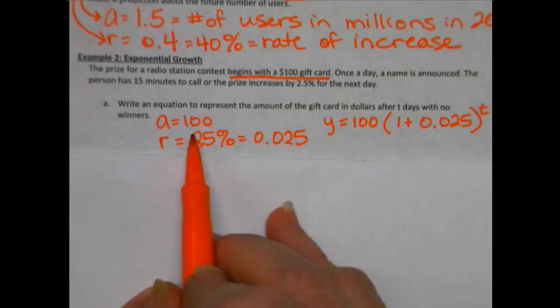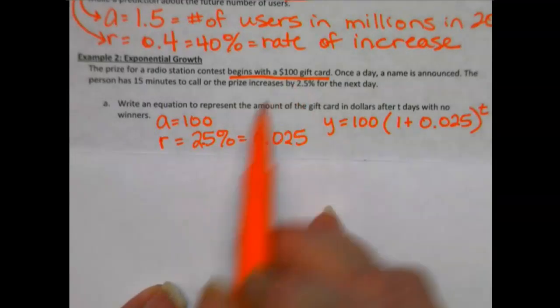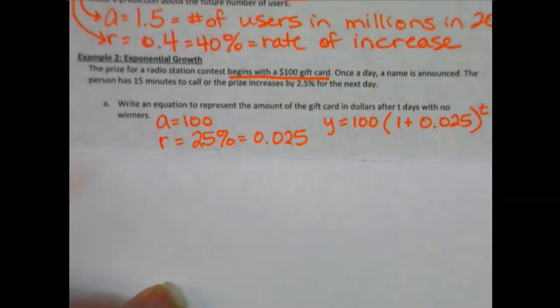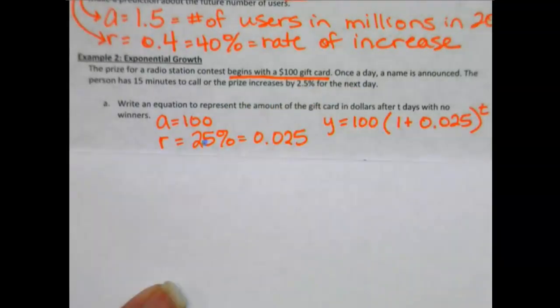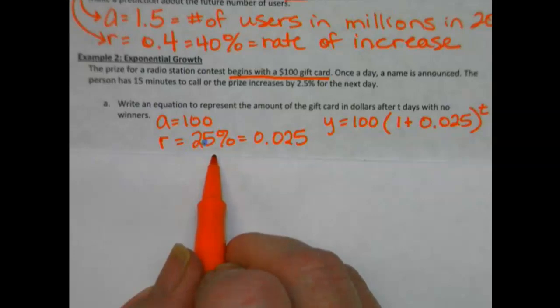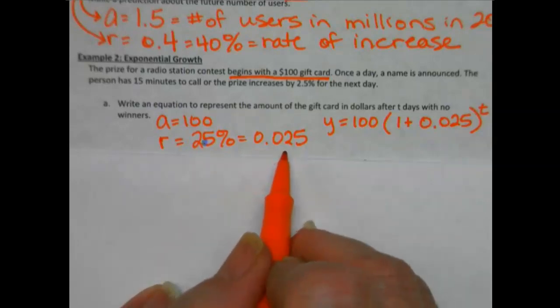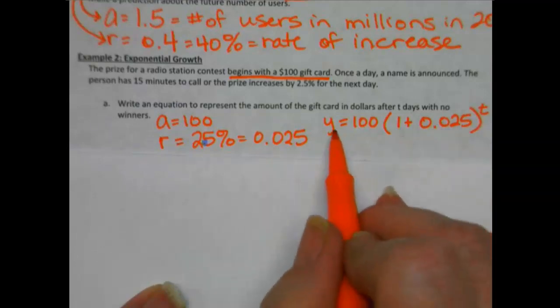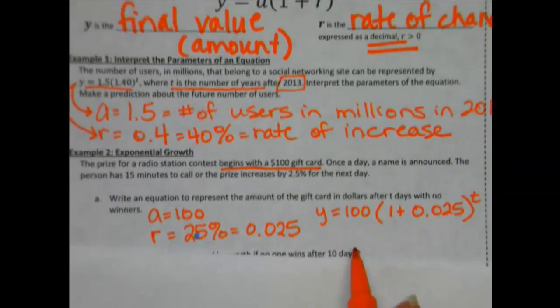Well, we know our A, our starting point, is that $100 gift card. Our rate is 2.5%. This is 2.5, not 25. 2.5% is the growth over time. That's each day. And when written as a decimal, it looks like this, because it always has to be written as a decimal. So my equation would be y equals 100. I just plugged that in for my A value that I had up above.